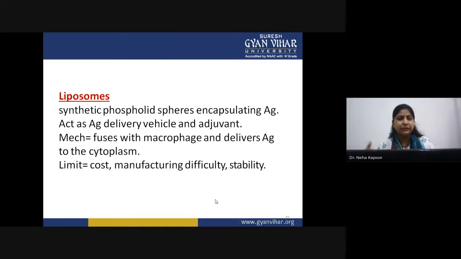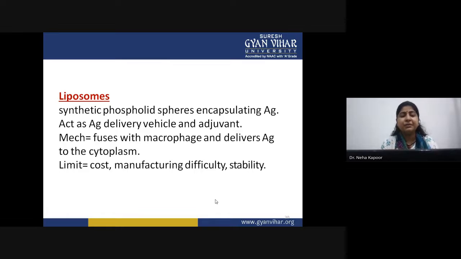However, there is another class, that is liposomes. What are liposomes actually? They are synthetic phospholipid spheres in which antigen is encapsulated. You can say your antigenic molecule is encapsulated inside a synthetic phospholipid layer and it acts as an antigen delivery vehicle as well as an adjuvant.